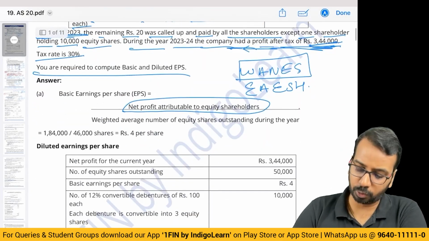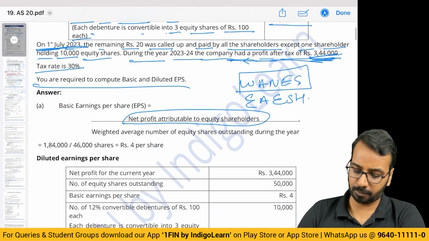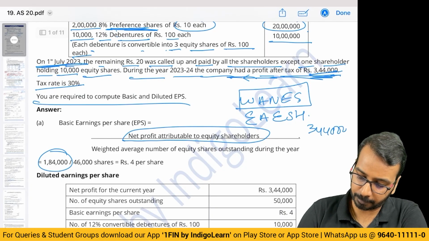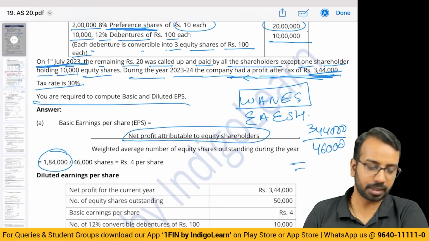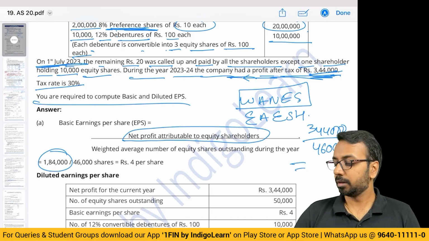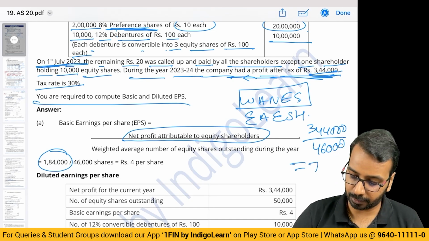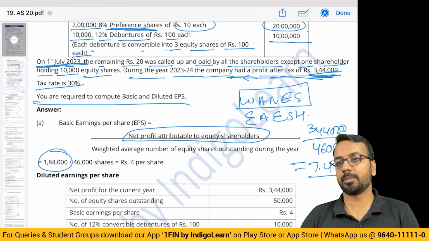Okay, we'll do considering 344, right? There is some error in calculation here. 344, I'll get it cross checked, divided by 46,000. We get 7.47.